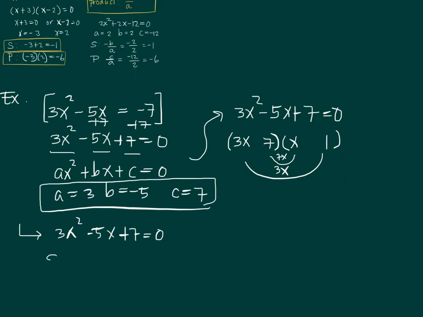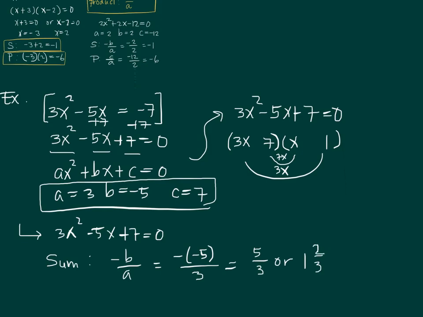So to find the sum is basically negative b over a, and using the values that we have, it's negative of negative 5 over a, which is 3, and this is equal to positive 5 over 3, or you can express this as 1 and 2/3.